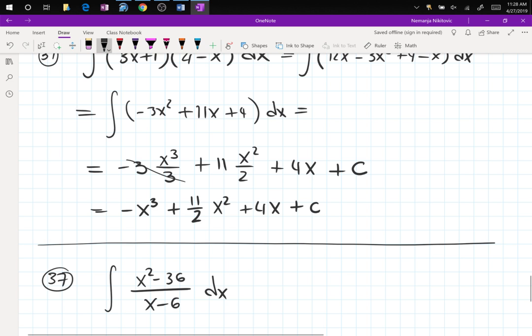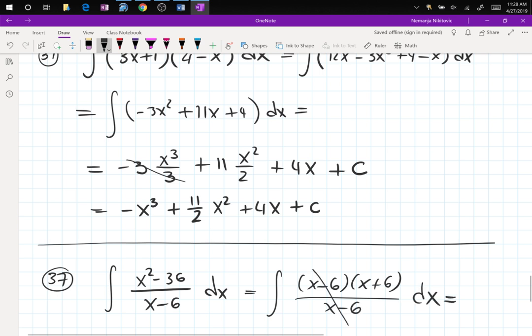So what are the factors of this? X minus 6, x plus 6. Very good. So, x minus 6, x plus 6 divided by x minus 6.